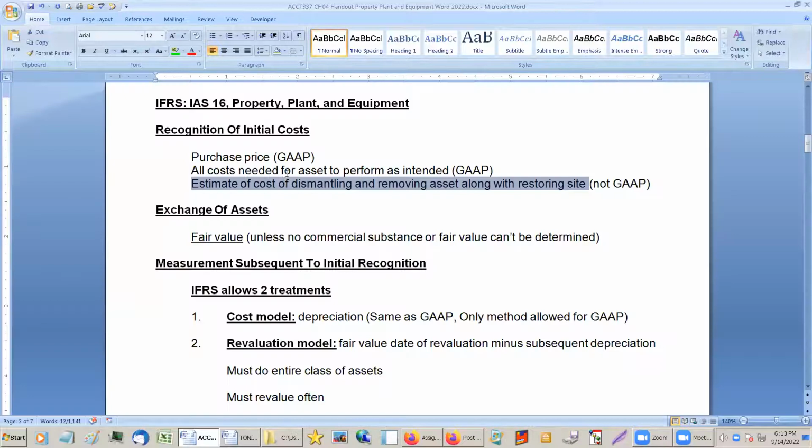Unless it's some really strange large asset, probably not that big of a deal. But the international standards say that is part of the cost of that asset, the future cost of pulling it back out. What we would probably call taking it out of the residual value of it.